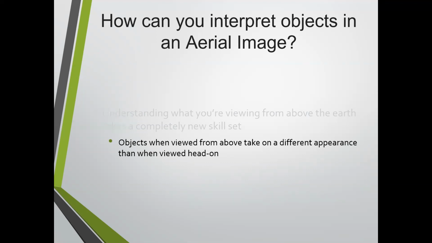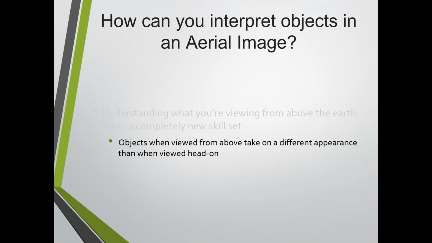So when you look at objects viewed from above, they certainly take on a completely different appearance than when you're viewing them head on or from ground level, as we're all used to seeing. I'm sure you've seen this, but it's always amazing to me when I look at Google images of an area that I know really well from the ground, and then you look at it from the sky, it's like, wow, that really has that bend, like a river.